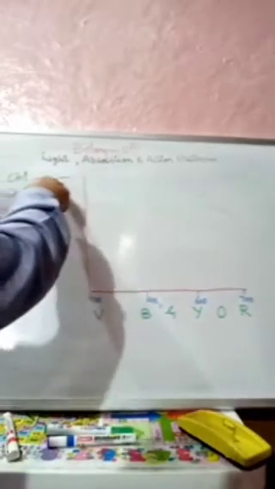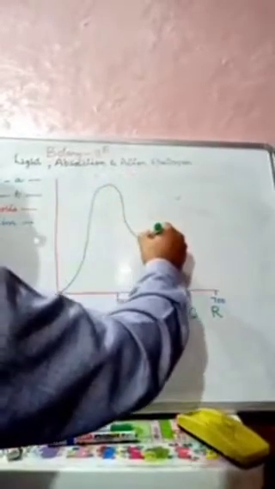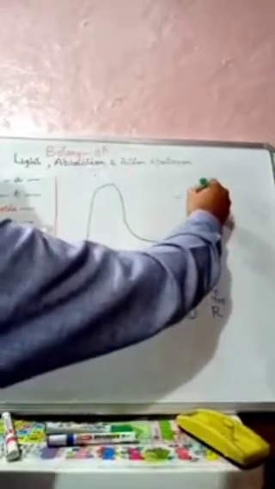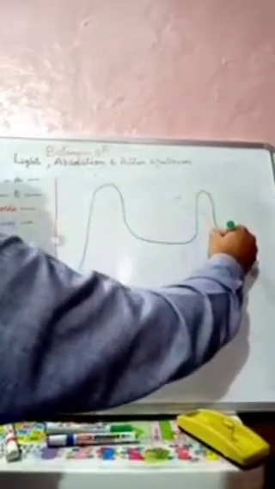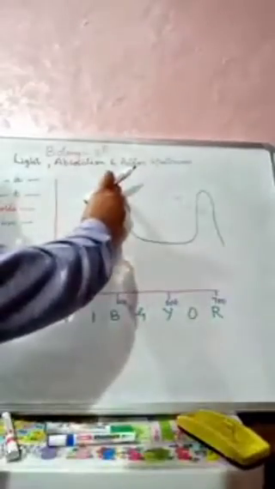See what happens if we draw the graph for chlorophyll A, which we have shown in green color. When we draw the graph, we will see the action is maximum at blue and at red.